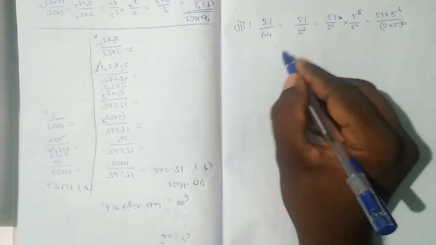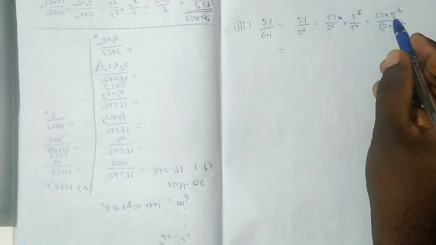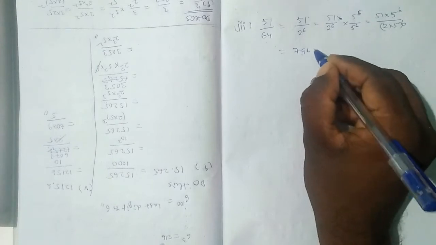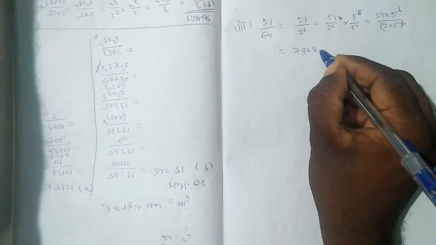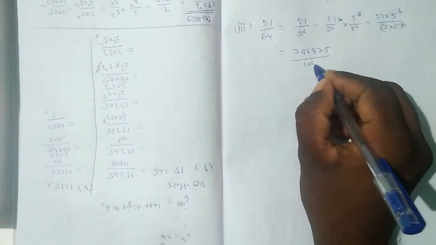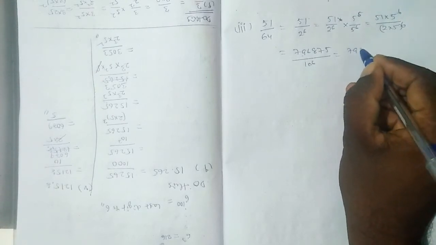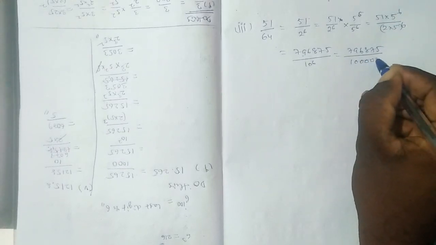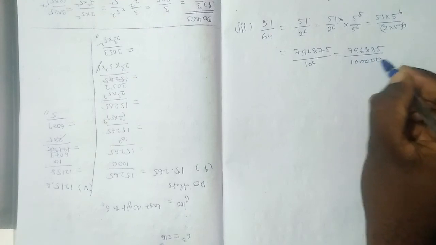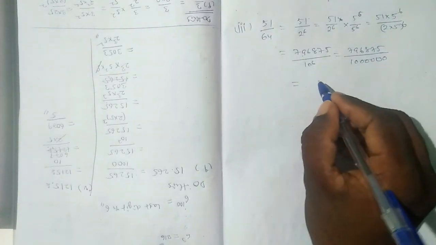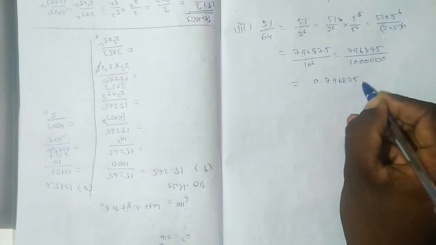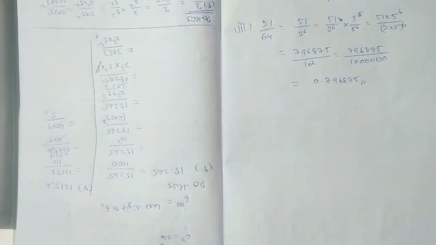If we multiply 51 into 5 to the power of 6, we get 796875 by 10 to the power of 6, that is 1 followed by 6 zeros: 1, 2, 3, 4, 5, 6. So which is equal to 0.796875. This is the answer for the third.